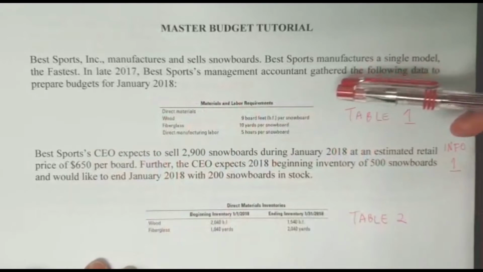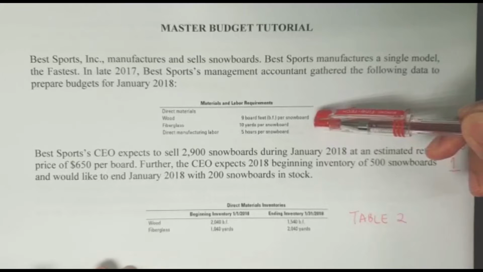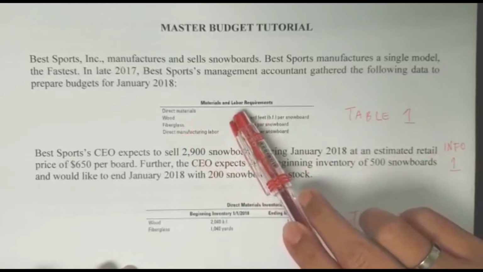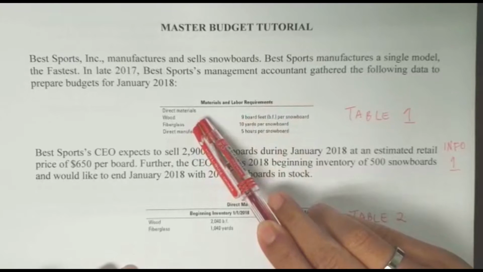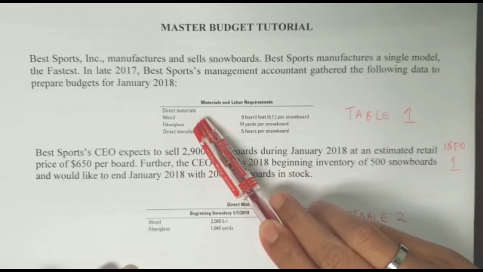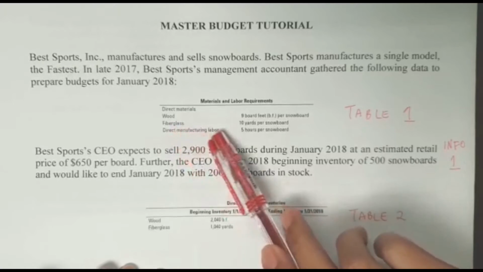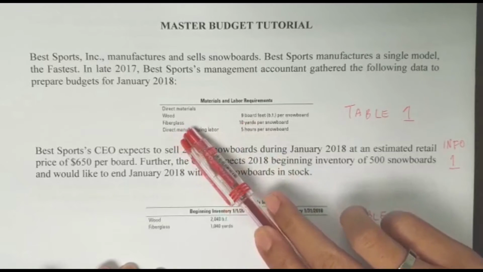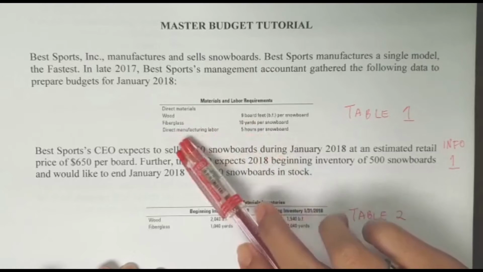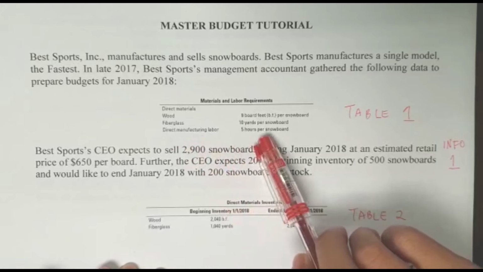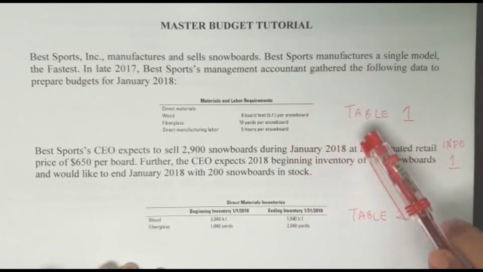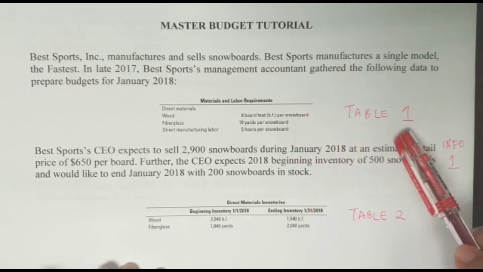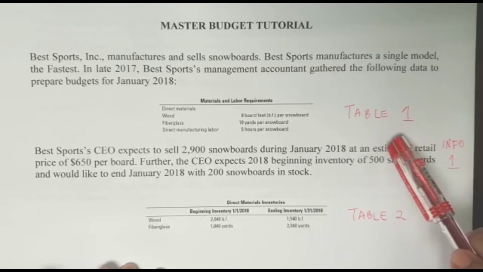So here we can see the information regarding the materials and labor requirements, the direct material used in order for them to produce the snowboard. They use wood of 9 board feet, fiberglass 10 yards per snowboard. Direct manufacturing labor is 5 hours per snowboard. Okay, so I named this table as table 1 to make it easier for me to refer to this information when I explain the answer later on.